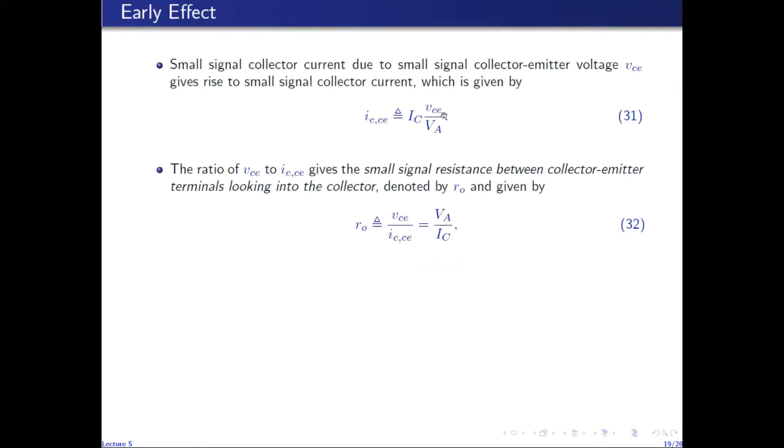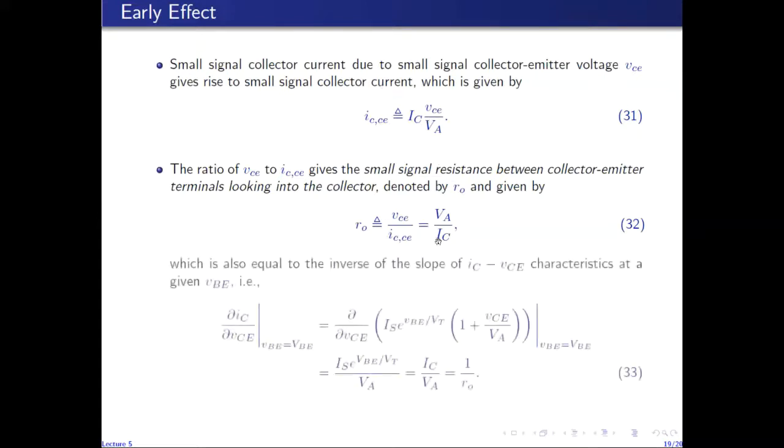So this by definition gives us again a small signal AC resistance, which is a small signal parameter of the transistor. But this time it is the resistance between collector and emitter terminals looking into the collector, because the current moves into the collector. So we denote it by R naught, and from this expression we find it to be equal to VA over IC.